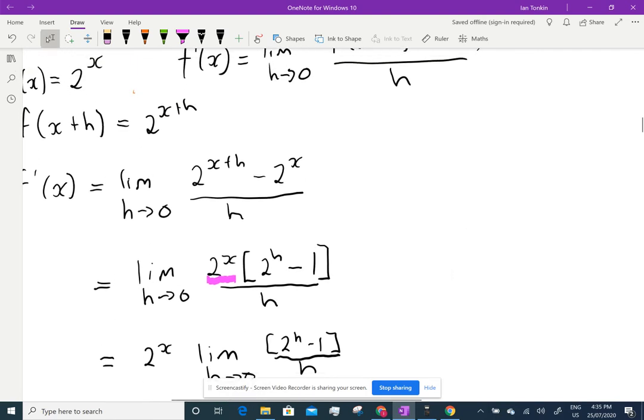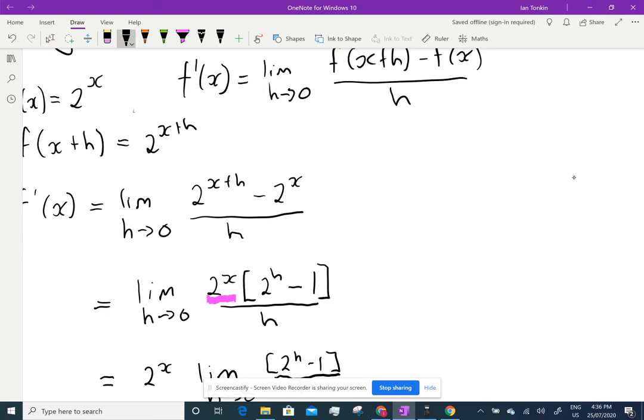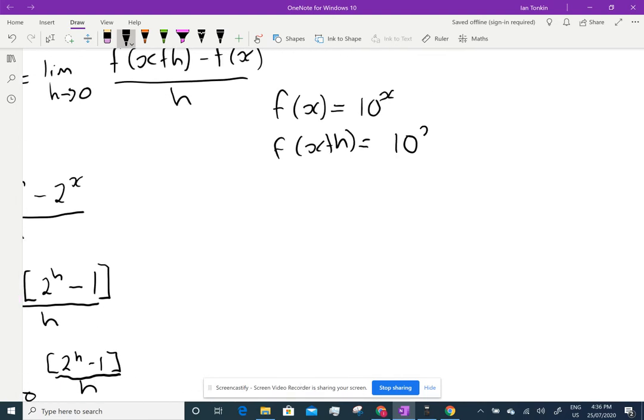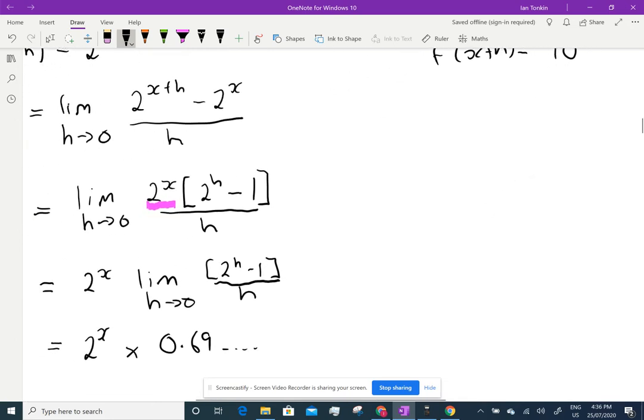Now, let's take 10 to the x. So f of x equals 10 to the x. Well, f of x plus h equals 10 to the x plus h. Now, I'm just going to take another liberty here.